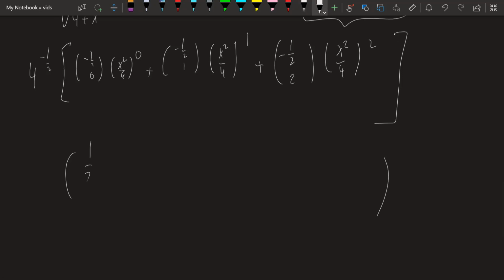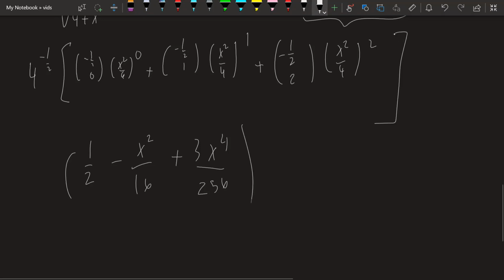We're gonna get half minus x squared over 16 plus 3x to the power of 4 over 256. Let me close the brackets. So this is the first part of part A done.